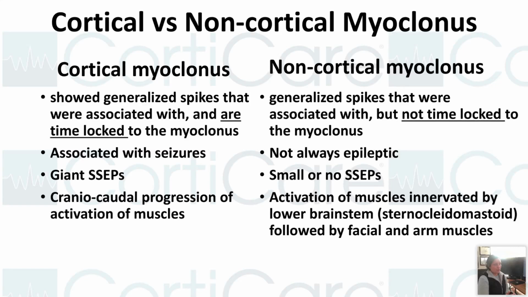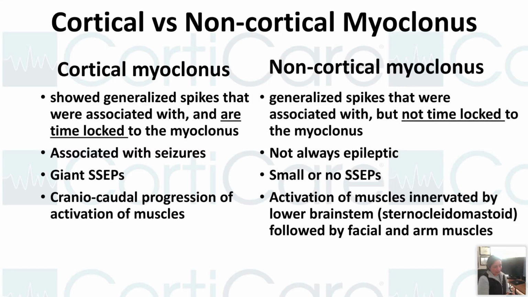In non-cortical myoclonus, we do see generalized spikes. They are associated, but they are not time-locked to the myoclonus. They are not always epileptic. Many papers say that non-cortical myoclonus is purely non-epileptic, but we are seeing sharps and spikes, so one has to think.